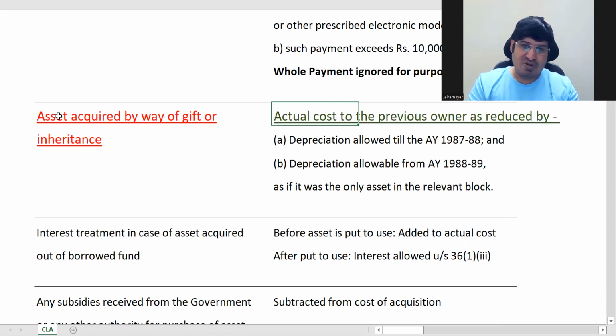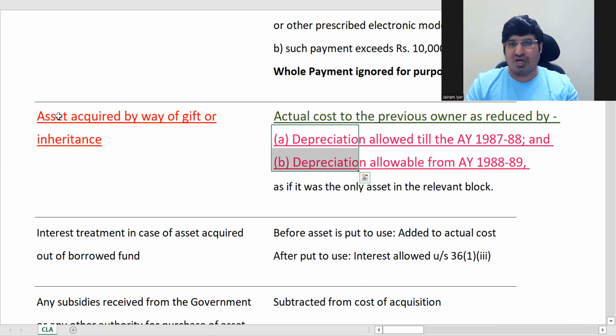Whatever is the actual cost of the previous owner, again deduct all depreciation, same as what we saw in the previous point, correct?